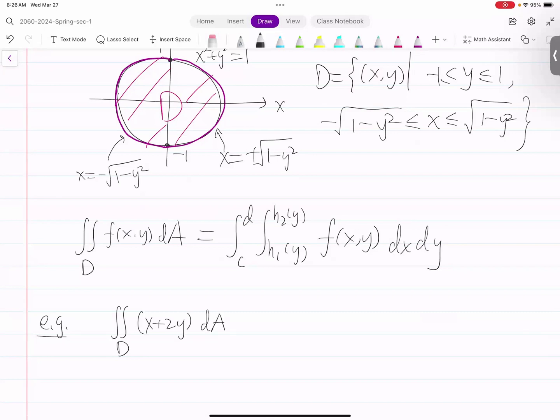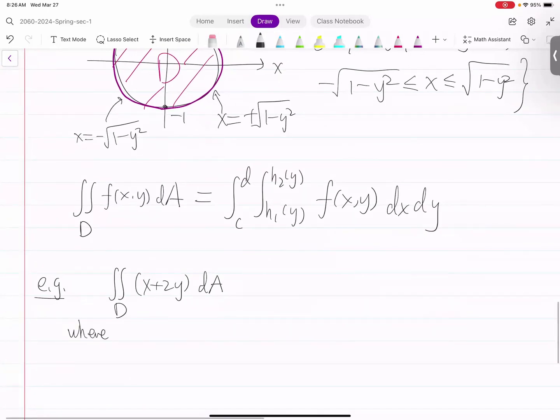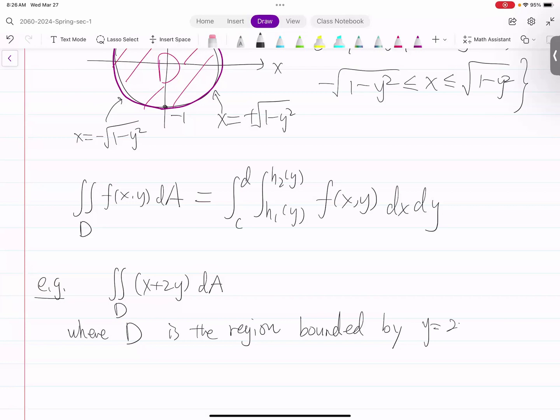So here we are integrating this simple function x plus 2y, and right here the region D is the region bounded by two functions, y equals 2x squared and y equals 1 plus x squared.